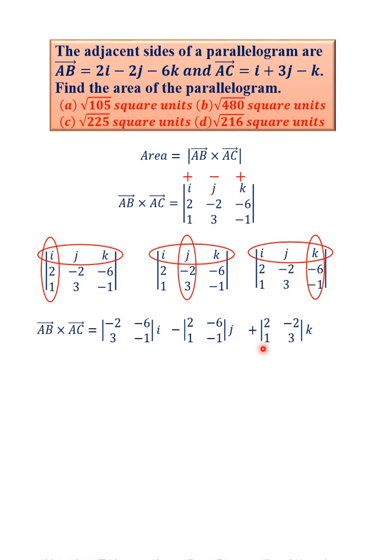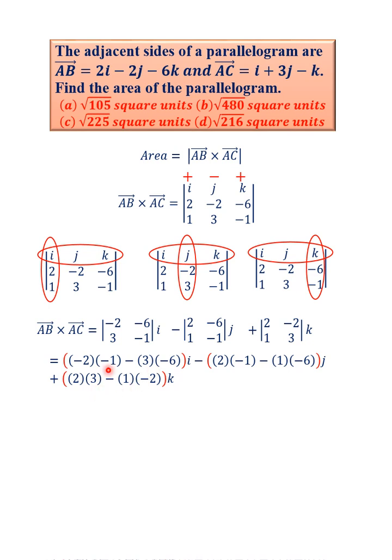Now that we have this, we are going to look for the determinant of each 2 by 2 matrix and multiply it with i, j, or k. For the first, you always start from this diagonal and take the difference of this diagonal and the other diagonal. So first is minus 2 times minus 1, minus the product of the other diagonal, 3 times minus 6, and then your i vector.